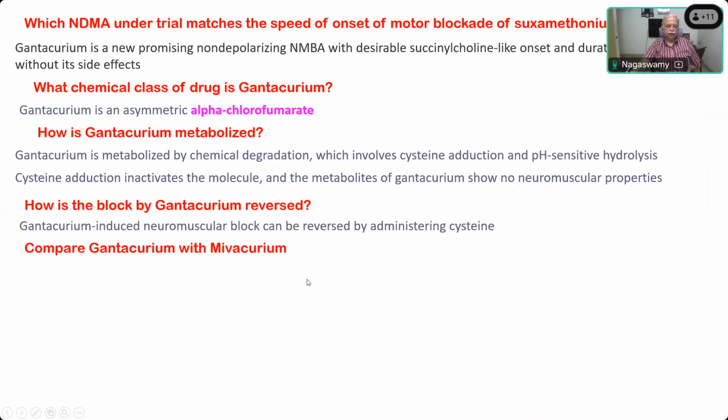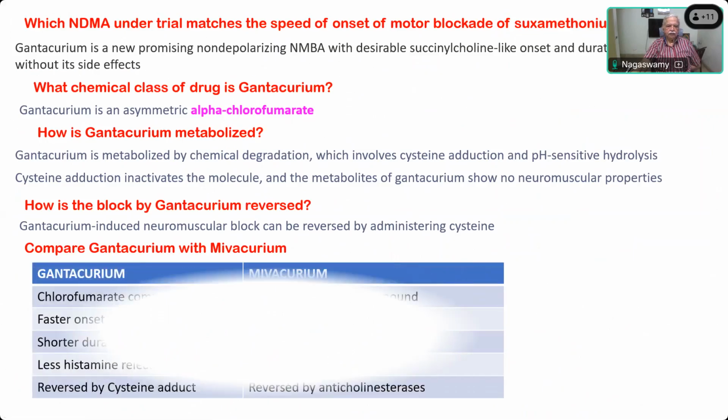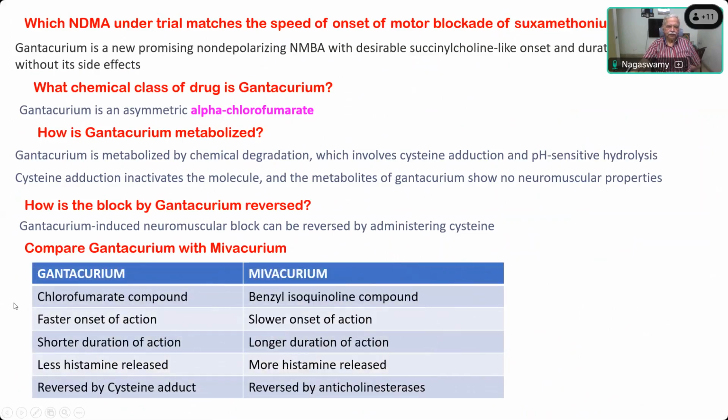Compare gantacurium with mivacurium. Mivacurium is also a very short-acting drug. Mivacurium is metabolized by plasma cholinesterase. Gantacurium is a chlorofumarate compound, whereas mivacurium is a benzylisoquinoline, just like your atracurium. Gantacurium has a faster onset; mivacurium is slower.